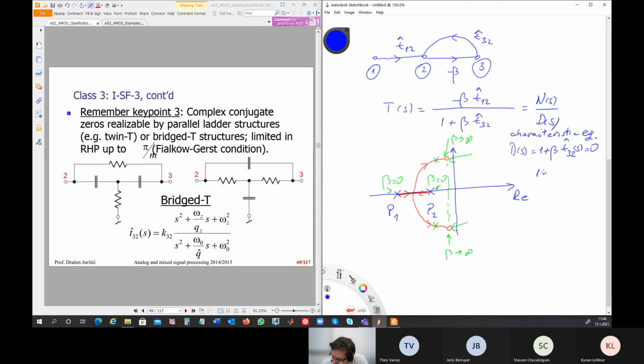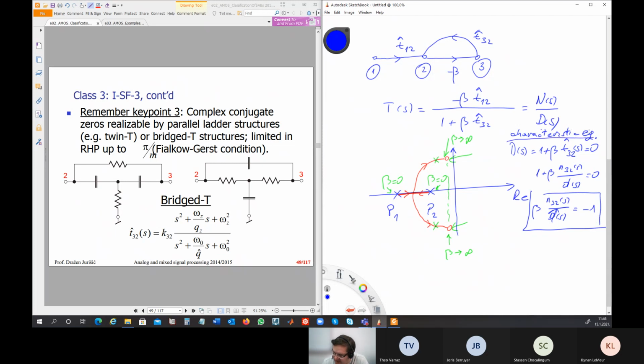So it's 1 plus beta N32 of s over D of s, and this is then beta N32 of s over D of s is equal to -1. So this is the form of the characteristic equation.